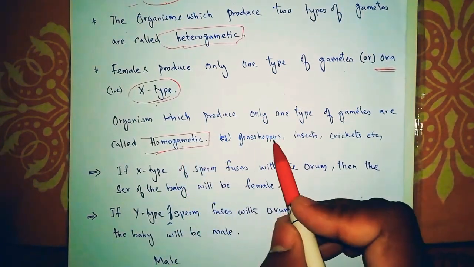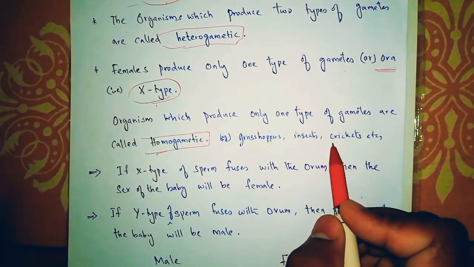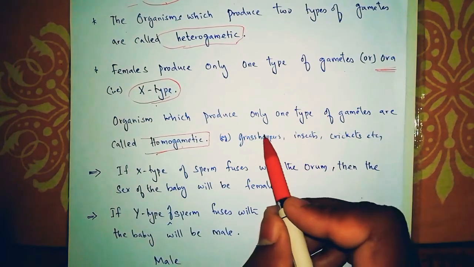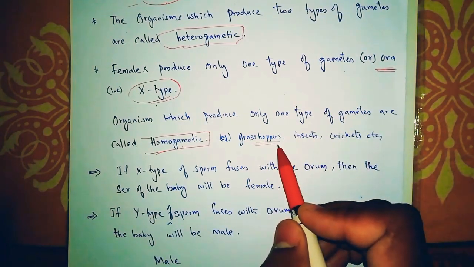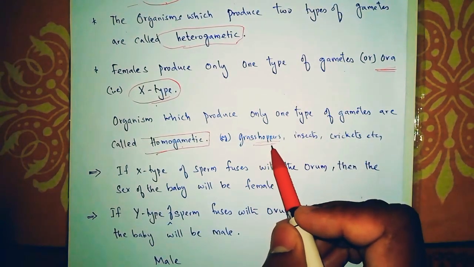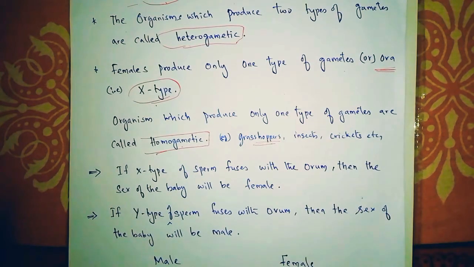For example, grasshopper, cricket, they all are actually homogametic because they cannot produce both. Female produces, male also produces, that's it. They have only one type of gamete.